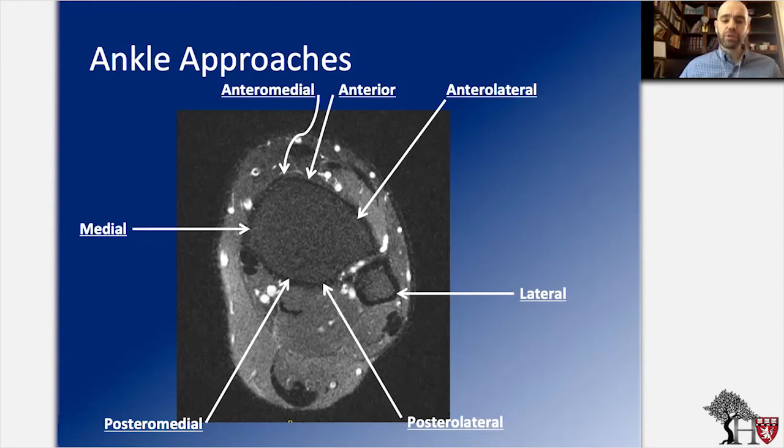When we talk about windows in orthopedic surgery, we often talk about what are called internervous planes. An internervous plane is basically an approach to an anatomic structure that splits muscles that are innervated by different nerves. The idea is that you're going between muscles with different nerves so that you're not denervating a muscle.